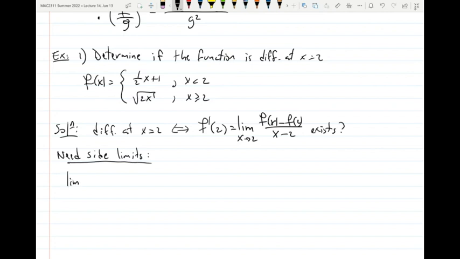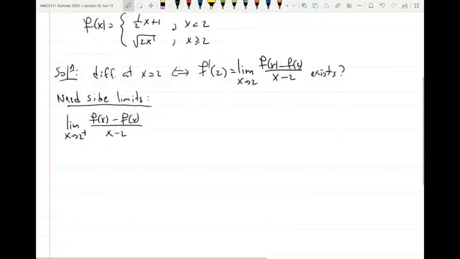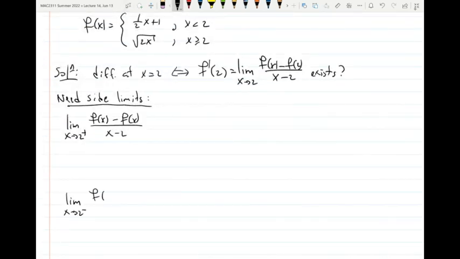So let's do it. Limit as x approaches 2 from the right, and then limit as x approaches 2 from the left.